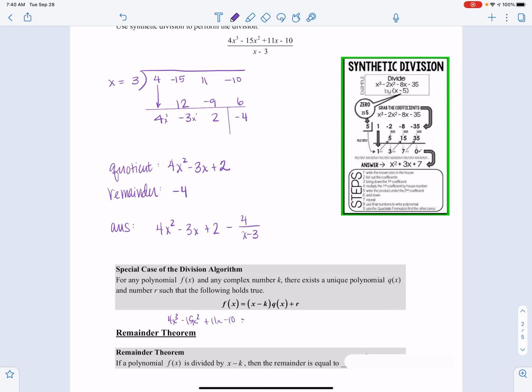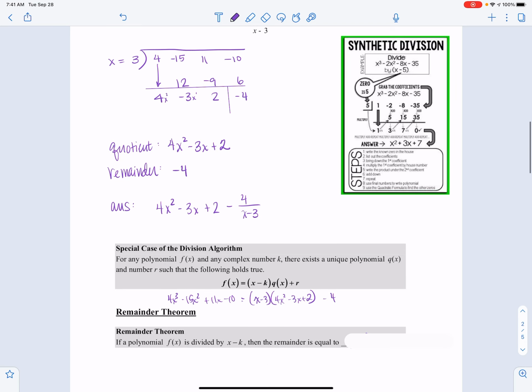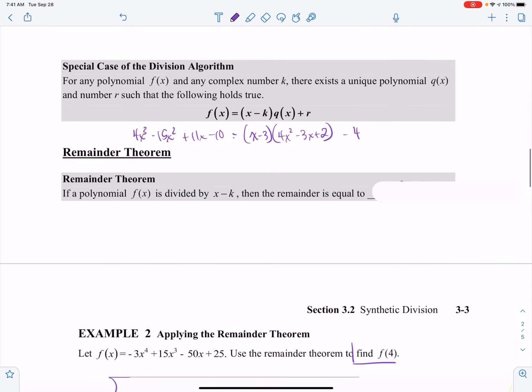That's my f of x, is going to equal my divisor, which was my x minus 3, times my quotient, which was 4x squared minus 3x plus 2, and then I'm going to add my remainder, which was a negative 4. All right, so I can always change this into a multiplying question after I've divided.